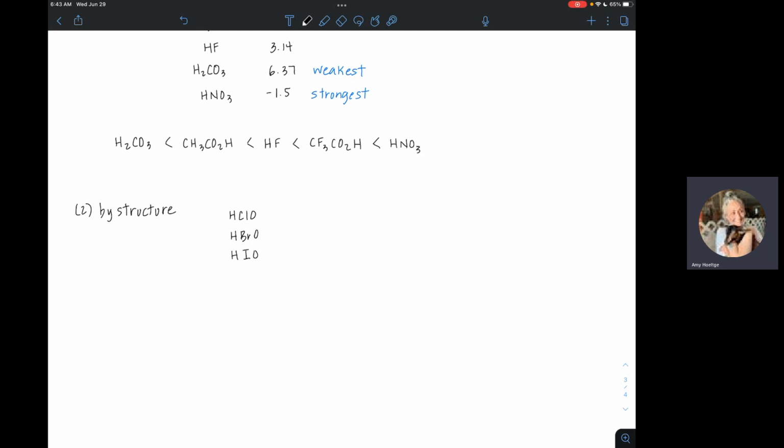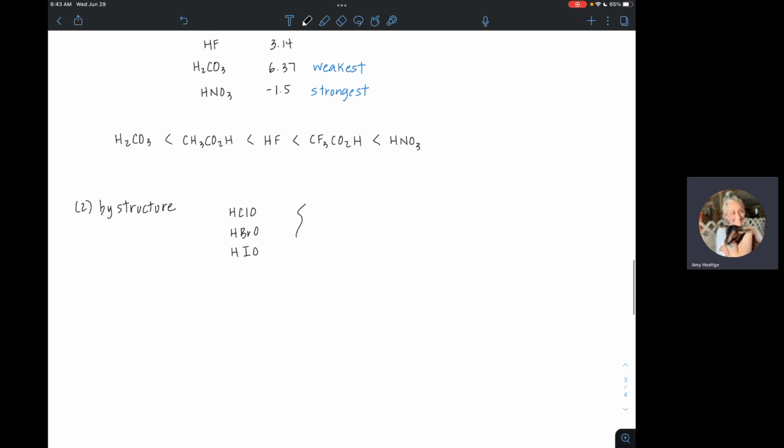So sometimes you might see these written like this. So in other words, the length of the bond between the hydrogen and the oxygen is the same for all of these molecules, but these hydrogens are not experiencing the same electron environment.